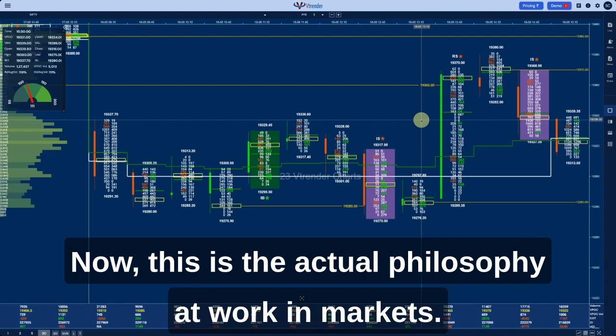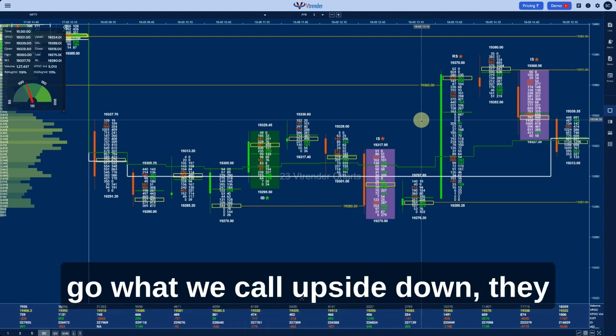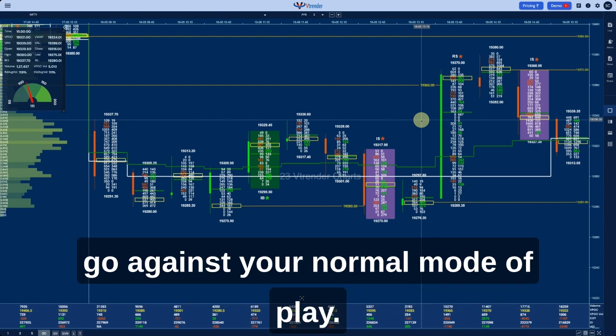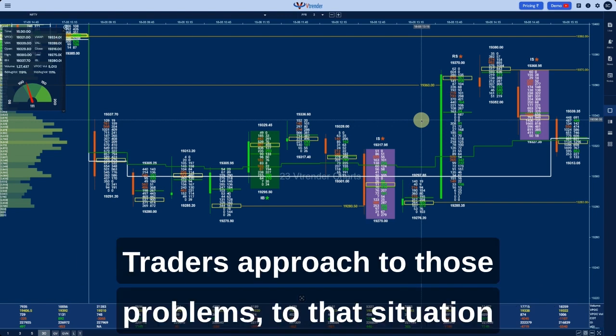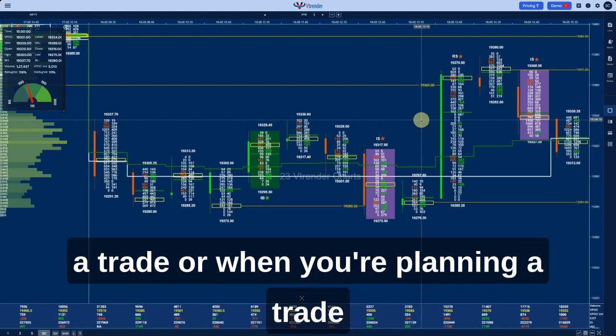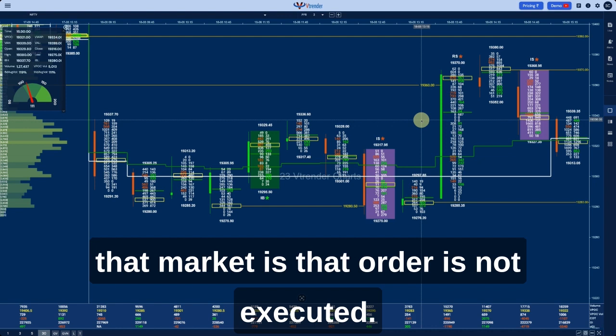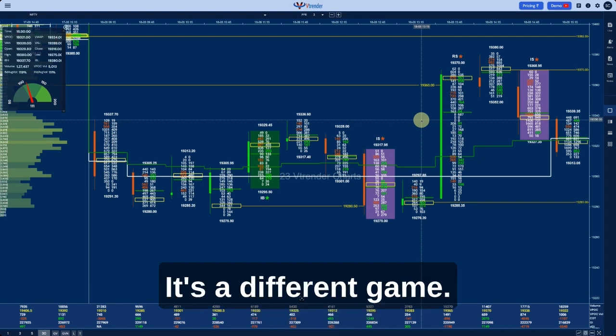Now, this is the actual philosophy at work in markets. When the markets are moving and positions go what we call upside down, against your normal mode of play, traders' approach to that situation changes. Which is why when you're planning a trade, or something is there in the order book and that order is not executed, it's a different ball game.